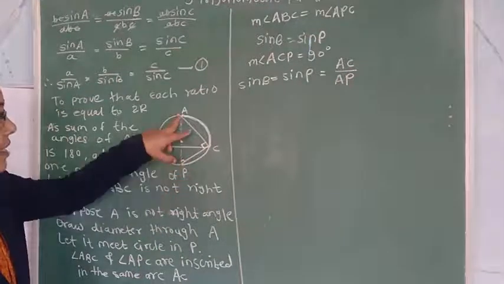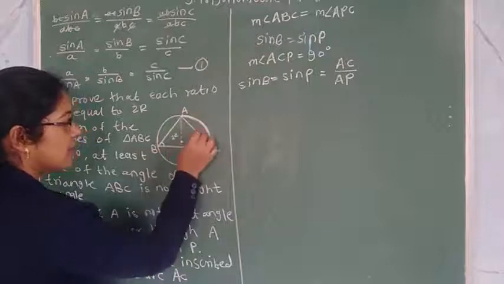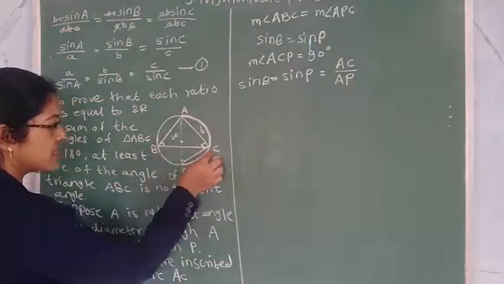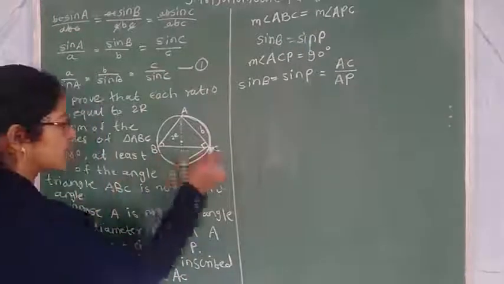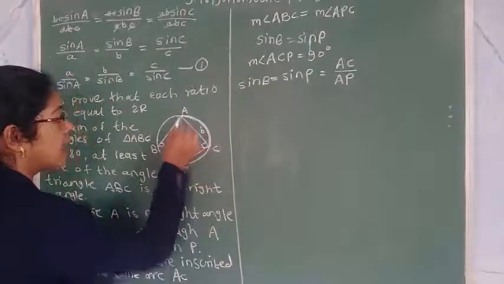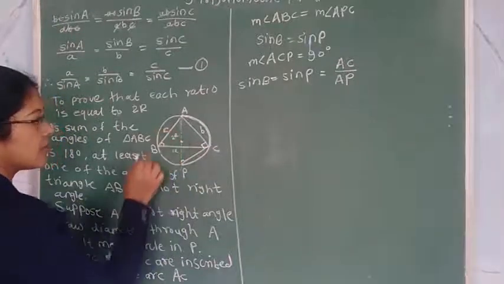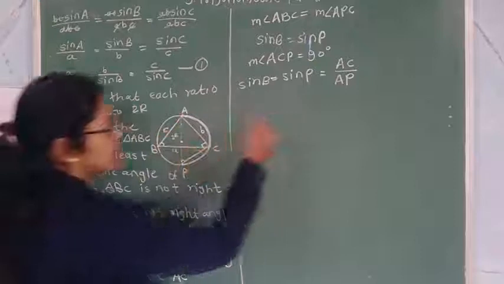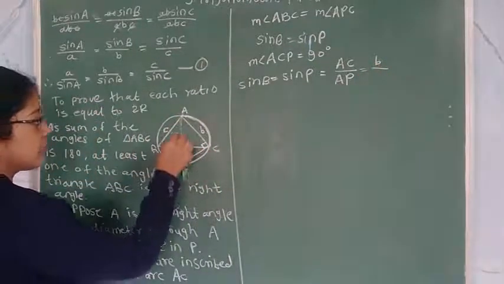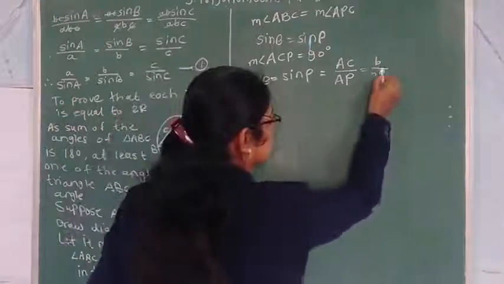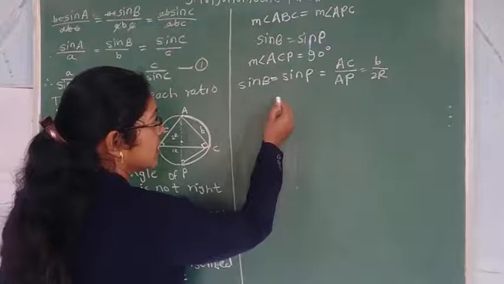Now length of this AC is b. Length of this BC is a. And length of this AB is c. So AC is b and AP is 2R, where R is the circumradius.